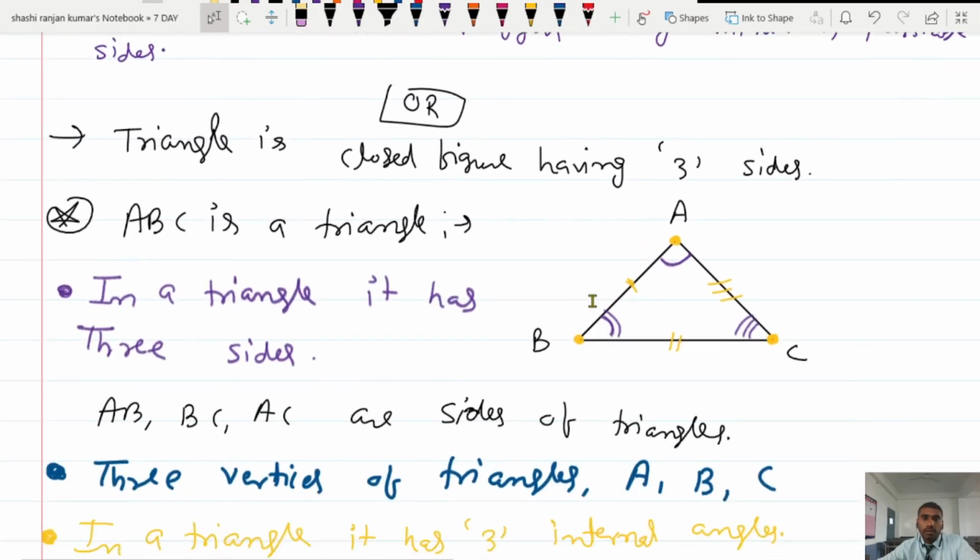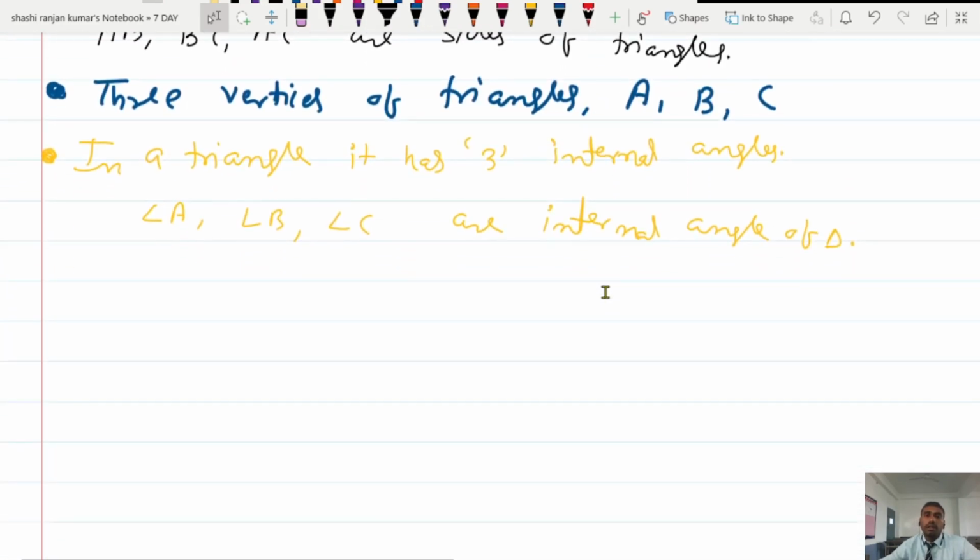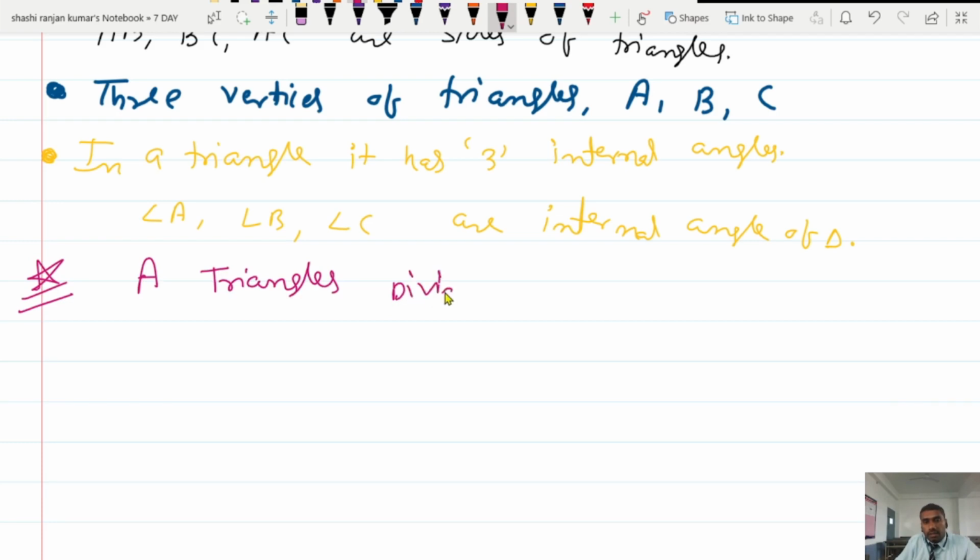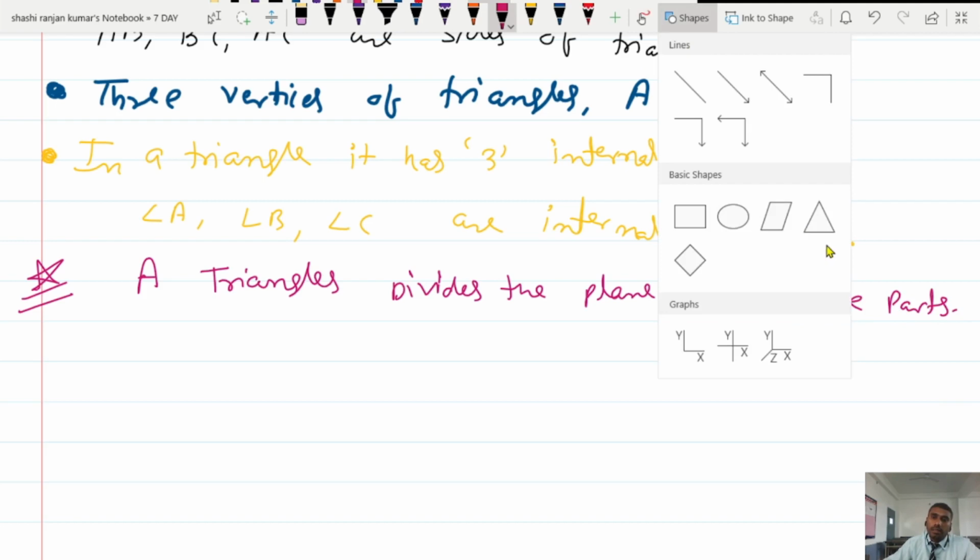Fine. So moving forward, now see, a triangle divides the plane into three parts. This is the important part we can write. So a triangle divides the plane into three parts.